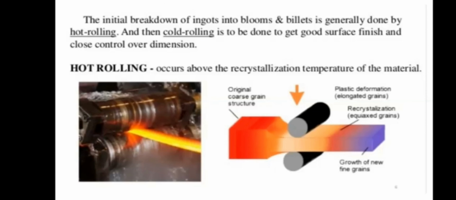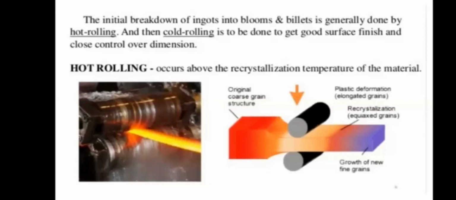So here, hot rolling occurs above the recrystallization temperature. As we know, generally any metal forming process that takes place above the recrystallization temperature is called a hot working process. Here, hot rolling is also above the recrystallization temperature. You see the left side diagram, where the hot rolling is taking place.